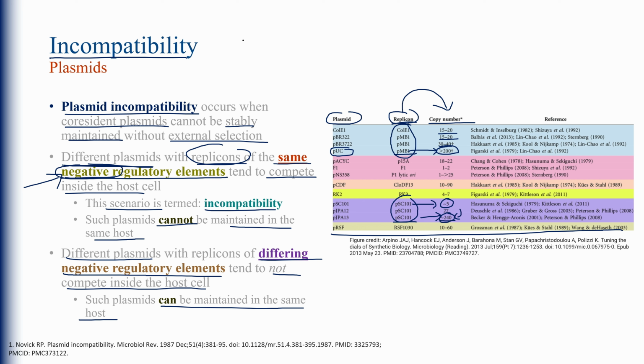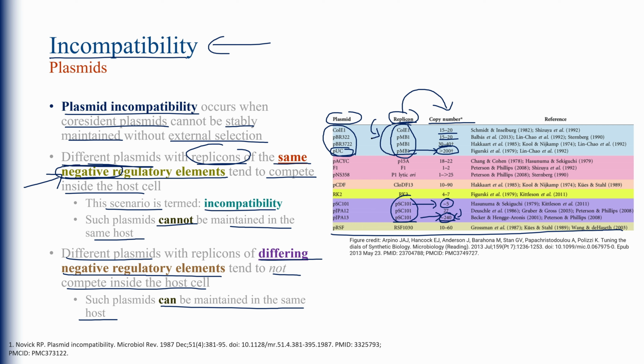So the basic idea of incompatibility is that if you have different plasmids that are co-residents within the same host cells, then those plasmids, if they utilize replicons with the same negative regulatory elements, would be incompatible. So in the case of those plasmids right here that you see in blue, they all utilize the ColE1 and the pMB1 replicons, which use the same negative regulatory elements.